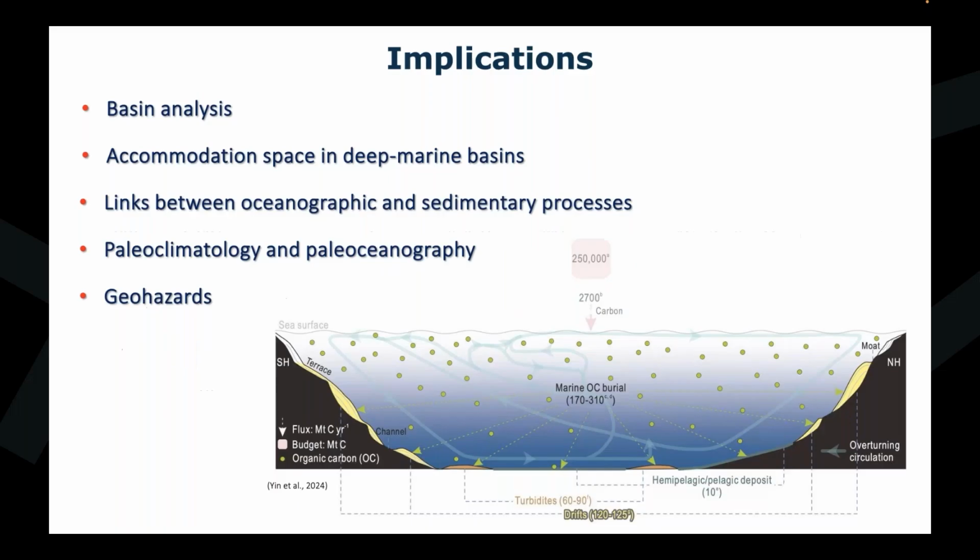Other implications are, as you heard before, in paleoceanography and paleoclimatology, but there is something interesting that you should know, based on this recent paper from Charu Yin: in contourites, especially in the drift, where the current is weaker, as I said, you can preserve a higher percentage of organic matter than in other water systems, such as pelagic sediment or turbidites.